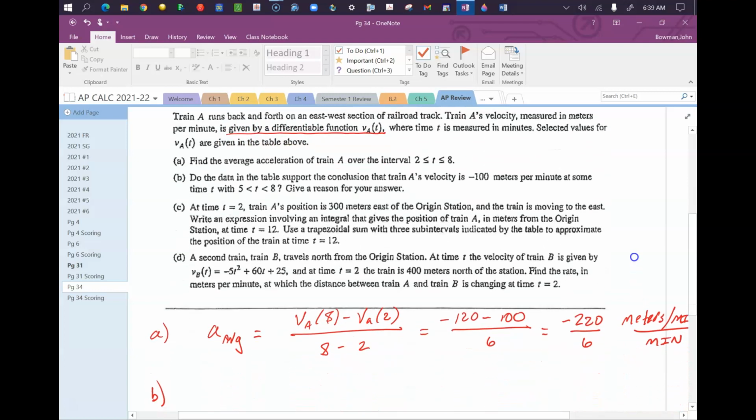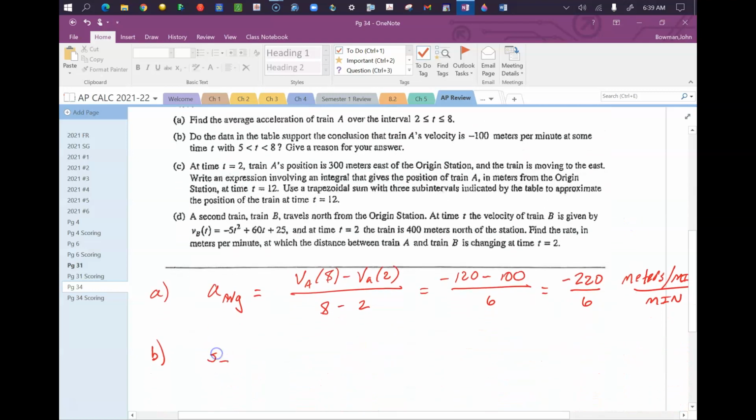So what does that mean? Well, since VA is differentiable, it is also continuous.